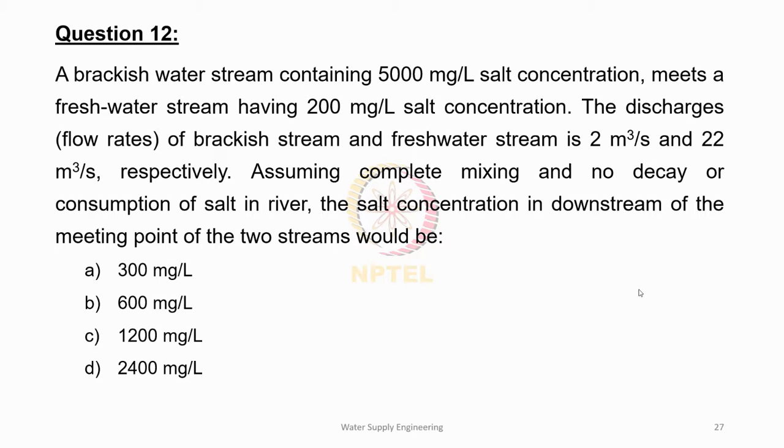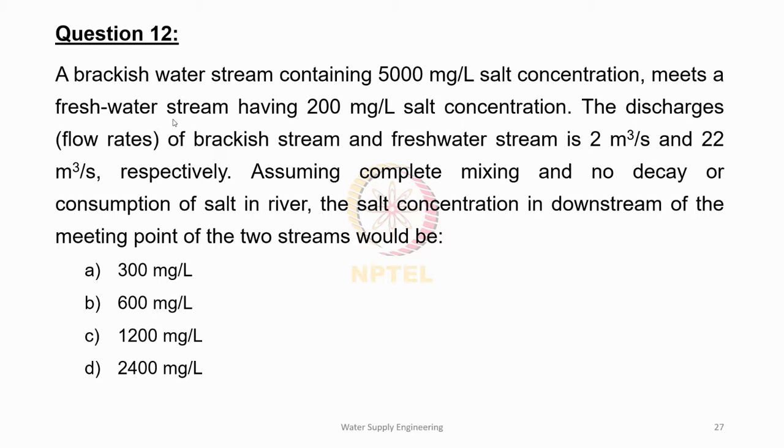So there are two streams. One is a brackish water stream, another one is a freshwater stream. They are meeting at a point. We are asked to determine the salt concentration downstream of this meeting point.